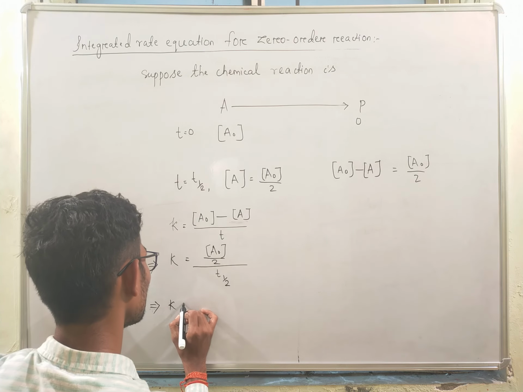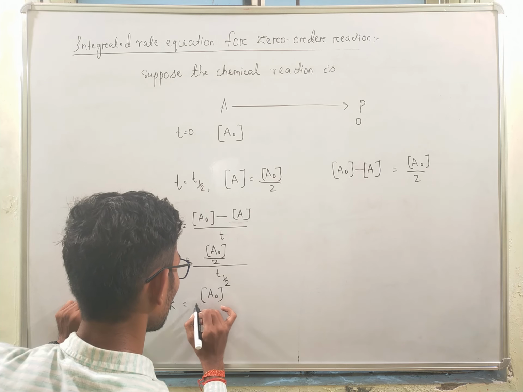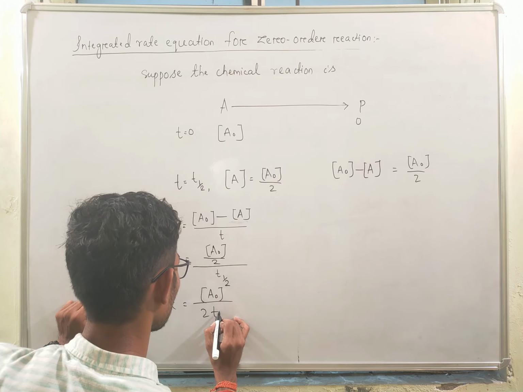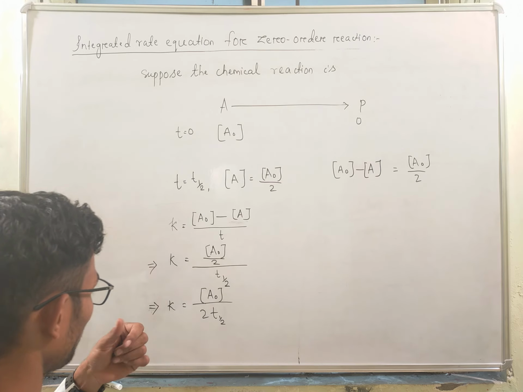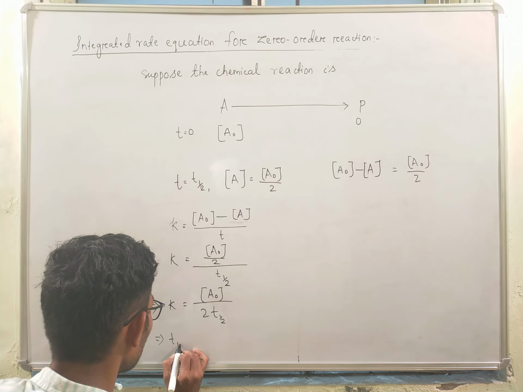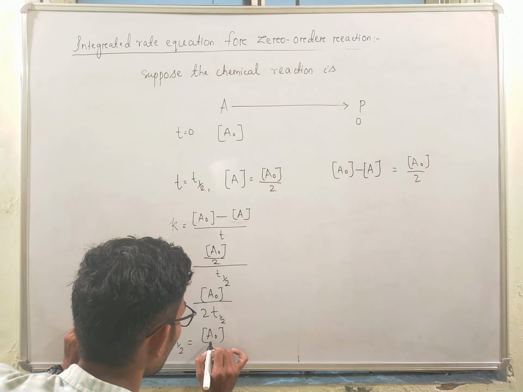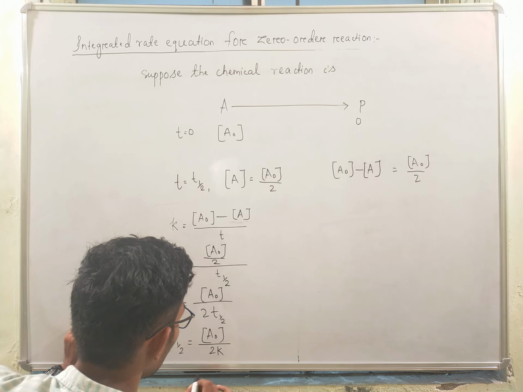K equal to A naught by 2 T half, that is A naught upon 2 T half. So here T half equal to A naught by 2K.